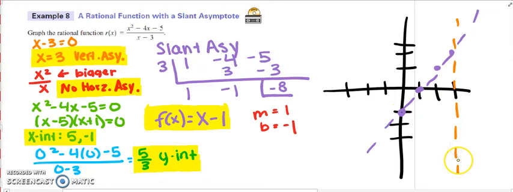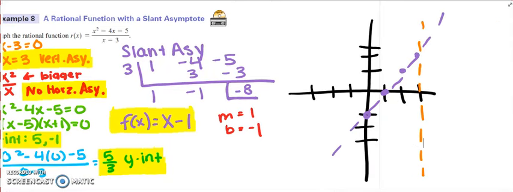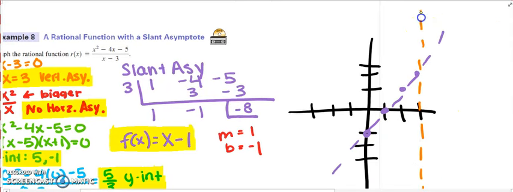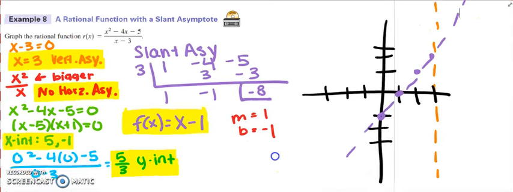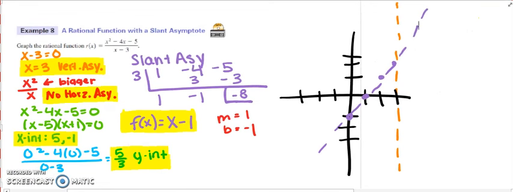No horizontal asymptote. And I have my x-intercepts at 5 and negative 1. And then I have my y-intercept at 5/3, which is 1.3 repeating, which looks something like that.